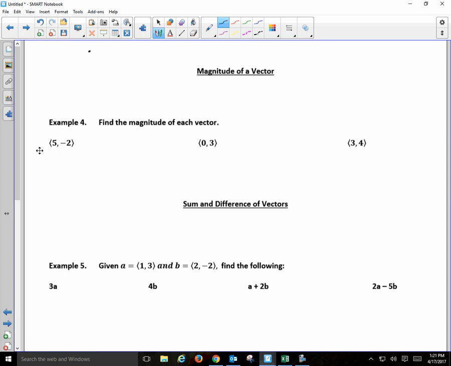So now we come to something we call the magnitude of a vector, and we're going to solve for direction as well. The magnitude of the vector is the distance it is from the origin.